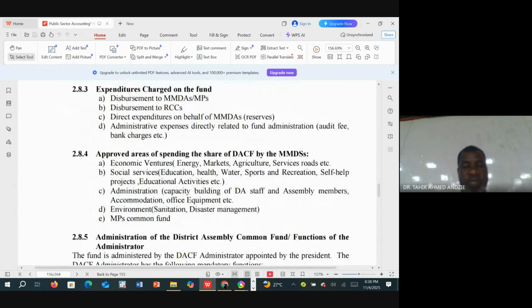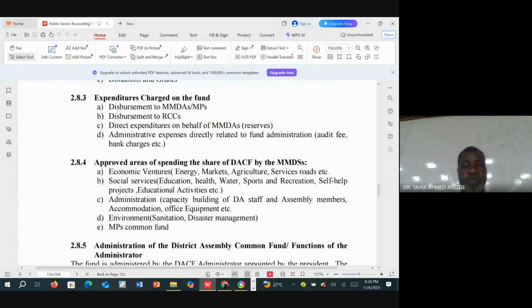Expenditure charged to the fund includes disbursement to the municipal and district assemblies, disbursement to the regional coordinating councils, and direct expenditure on behalf of ministries, departments, and agencies, that is reserves, and then administrative expenses directly related to the fund administration.